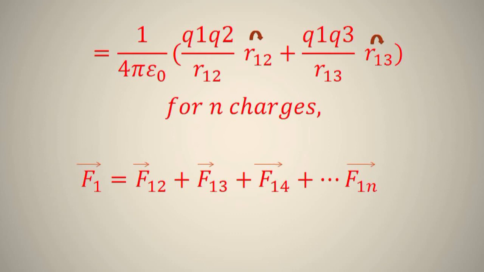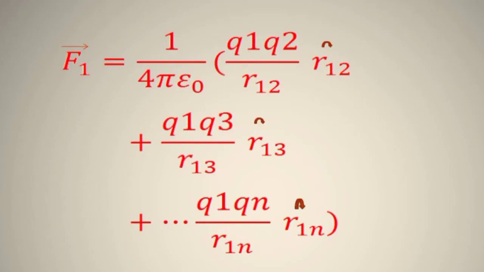Then for all n charges, F1 is equal to F12 plus F13 plus F14 plus etc. plus F1n. That implies F1 is equal to 1 by 4 pi epsilon 0 Q1 Q2 divided by R12 into R12 cap plus Q1 Q3 divided by R13 into R13 cap plus etc. plus Q1 Qn divided by R1n into R1n cap.